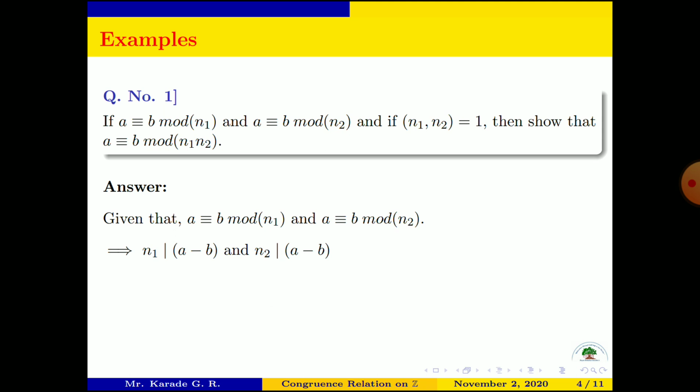As A is congruent to B mod n1, by definition of congruence relation, this implies that n1 must divide the difference A minus B. Also given that A is congruent to B mod n2, therefore n2 must divide the difference A minus B.